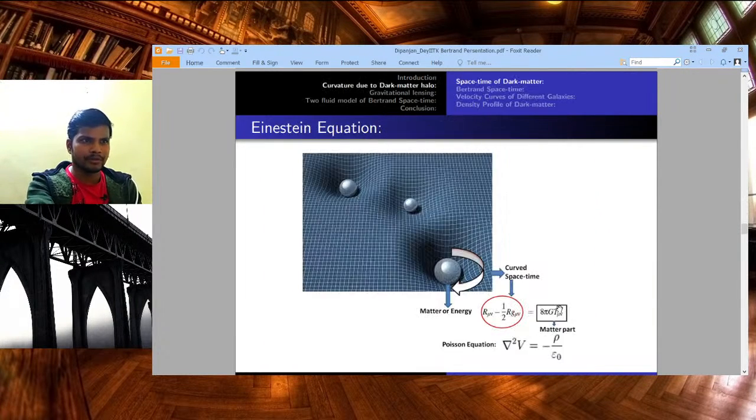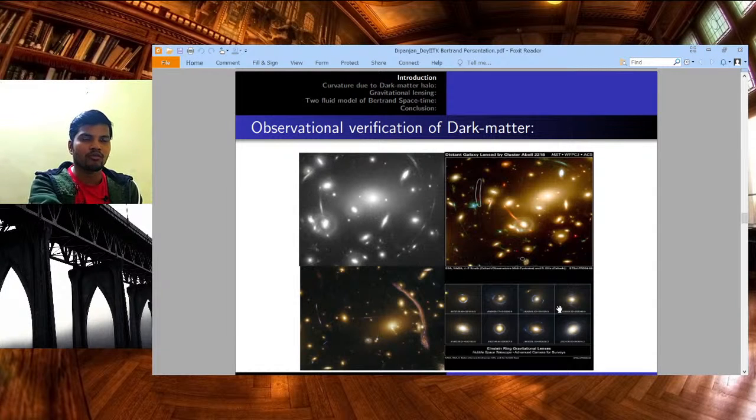What I have described to you is what dark matter is, how it came to the picture, why it is necessary, and how people try to understand it with the help of geometry, meaning Einstein's perspective. And one of the alternatives is that we can use BST.